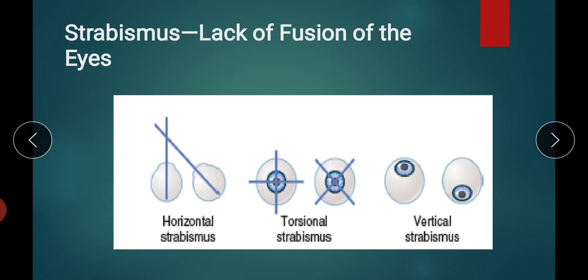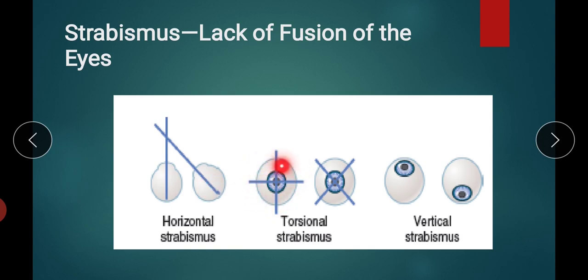There are three types of strabismus: horizontal, torsional and vertical. Here this is a horizontal strabismus, where one eye is in proper focus and the other eye has either more adduction or more abduction.